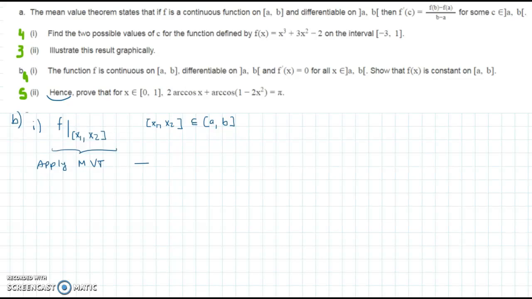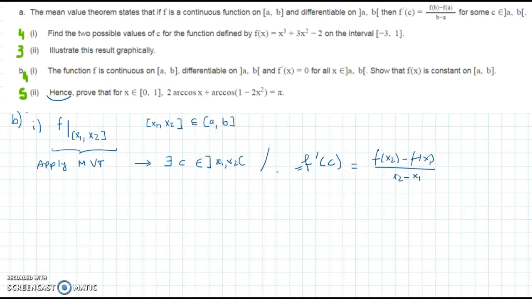Then we know that there exists some value c belonging to the open interval (x1, x2) such that the derivative of the function at c is f at x2 minus f at x1, over x2 minus x1.